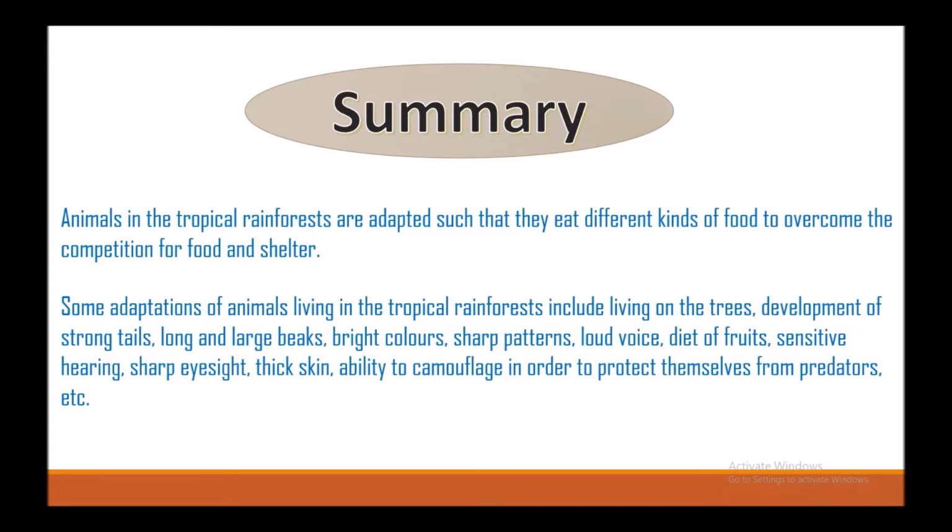Some adaptations of animals living in the tropical rainforest include living on the trees, development of strong tails, long and large beaks, bright colors, sharp patterns, loud voice, diet of fruits, sensitive hearing, sharp eyesight, thick skin, and ability to camouflage in order to protect themselves from predators, etc.